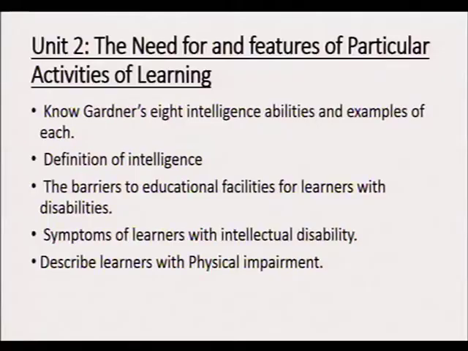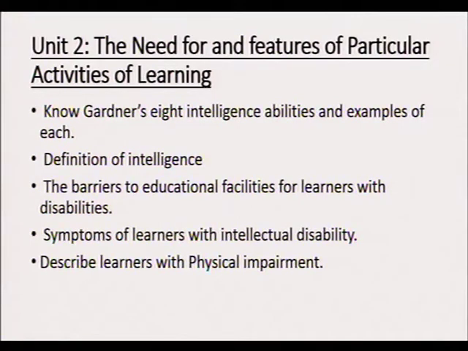Then we go to Unit 2. The need for and features of particular activities of learning. Know Gardner's 8 intelligence abilities and their examples. Definition of intelligence. So what is intelligence? So you have to define it.